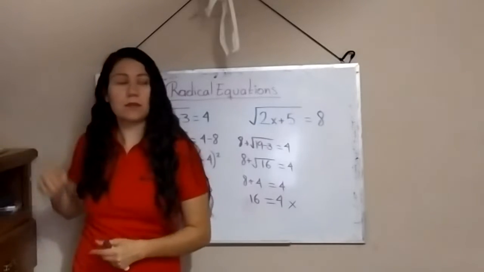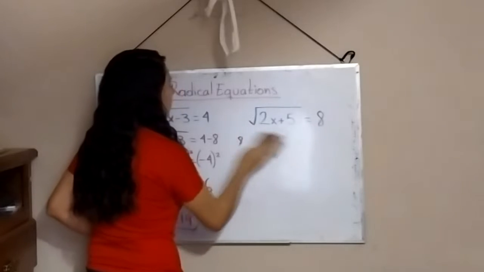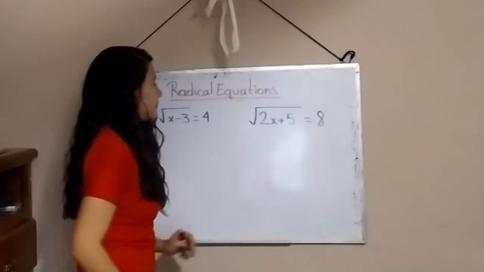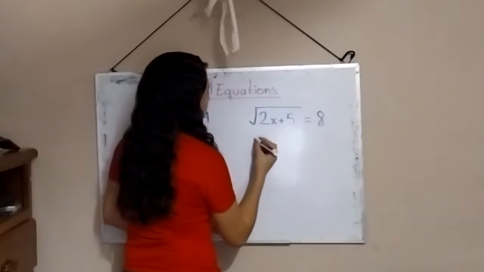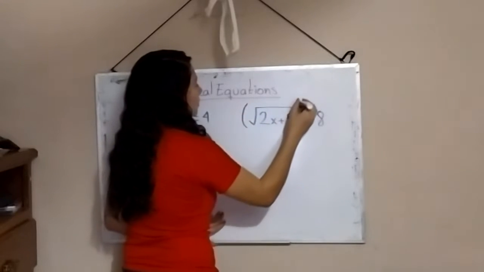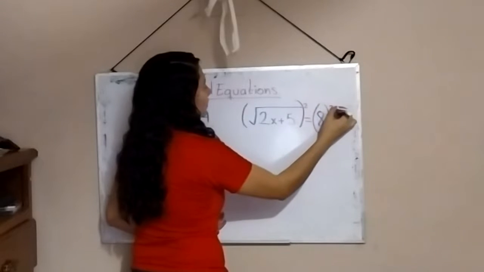Our second example is already isolated, so we are going to skip the first step because it's already done. What do we do to remove the square root? Elevate to the second power.